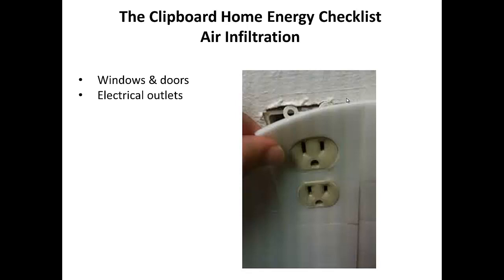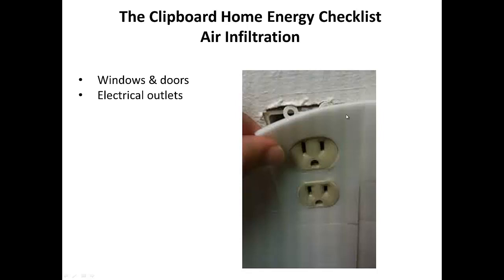Now here's an electrical outlet with a foam gasket. This is real simple, and you can get these at the hardware stores. There are electrical wires coming into the electrical box that's behind this sheetrock here. So try it this winter if you haven't: feel electrical outlets and see the air that's coming through.